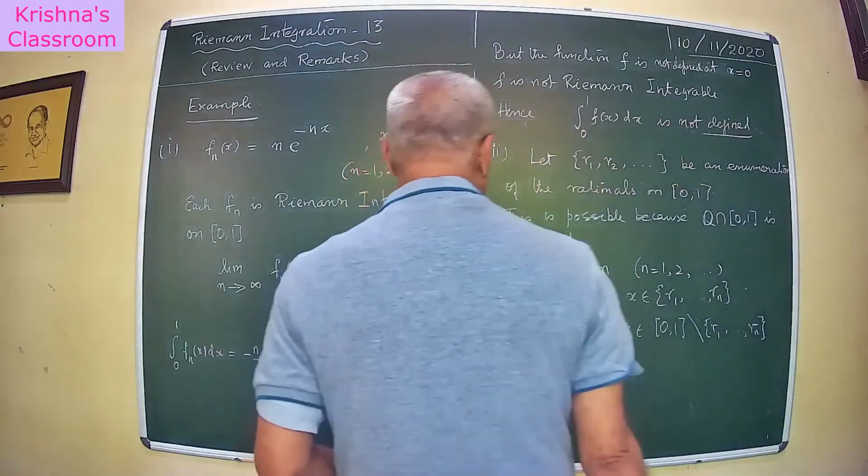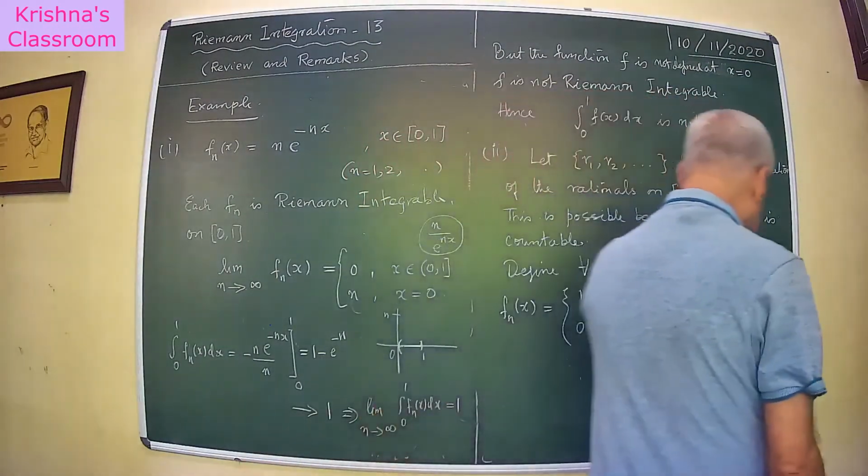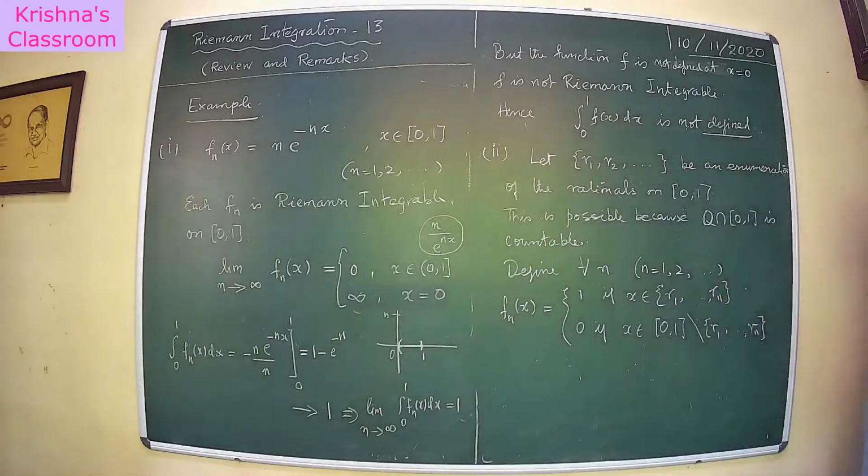Now, what does this function tend to? Now, you see that easily this function is Riemann integrable. Why is it Riemann integrable? It's a bounded function, first of all. And it has discontinuities only at finitely many points, which is a null set, and therefore it is Riemann integrable.